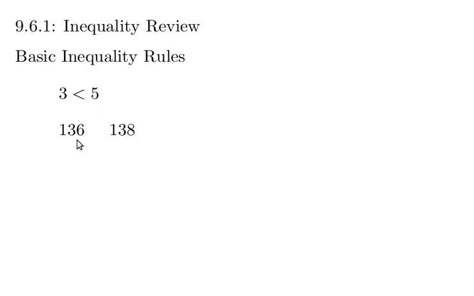We want to take a look at this to see what it's like. So which one of these is bigger? Well, 138 is bigger, so that means 136 is less than 138. So we can still say that the left side is less than the right side. I'm going to go ahead and write that down. After adding, the left is still less than the right.